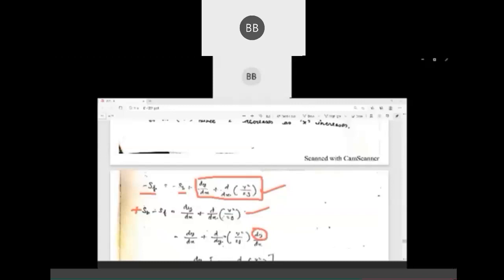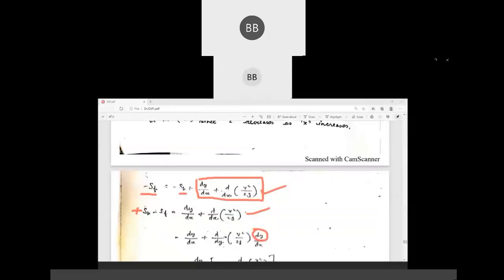Okay? And we will get back to this step again. So d by dy of V square by 2g and dy by dx. Okay? Here also we have dy by dx. Here also we have dy by dx. To bring it out, it will be 1 plus d by dy of V square by 2g.